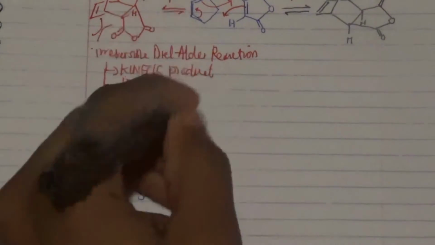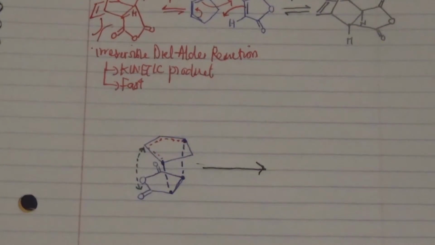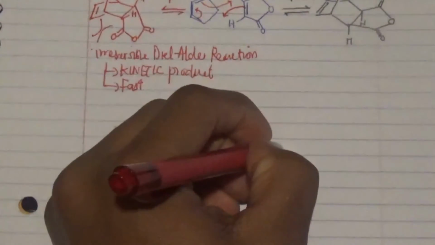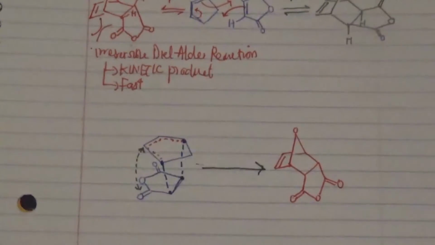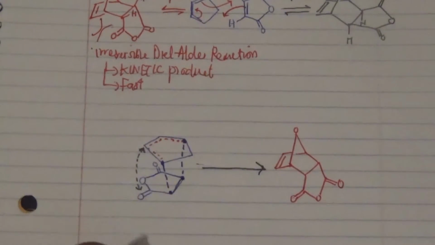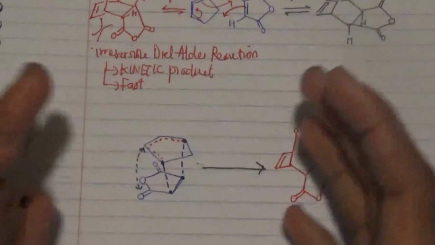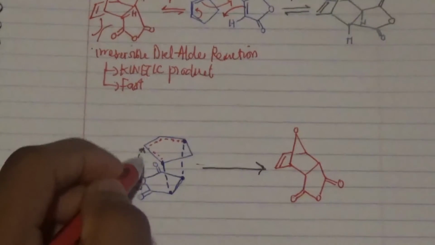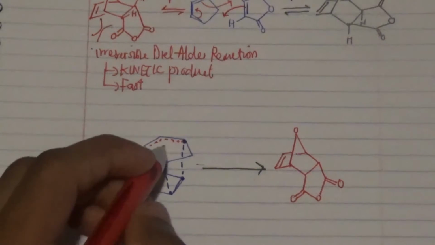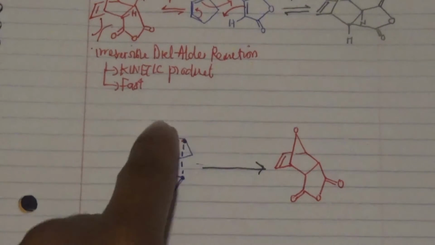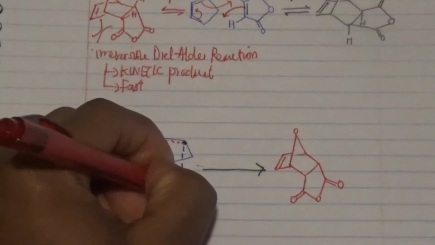So what we have over here is our product, which is what we got over here, so I'll just redraw it. And this pi system makes this process a very fast step. The rate limiting step will be the initial step when those are about to come together to form this stacking alongside forming the sigma bond over here, due to the delocalization of the electrons over here and also over here.